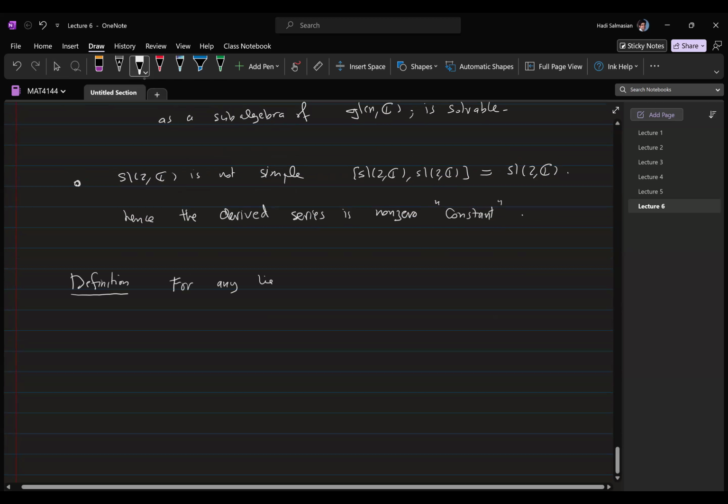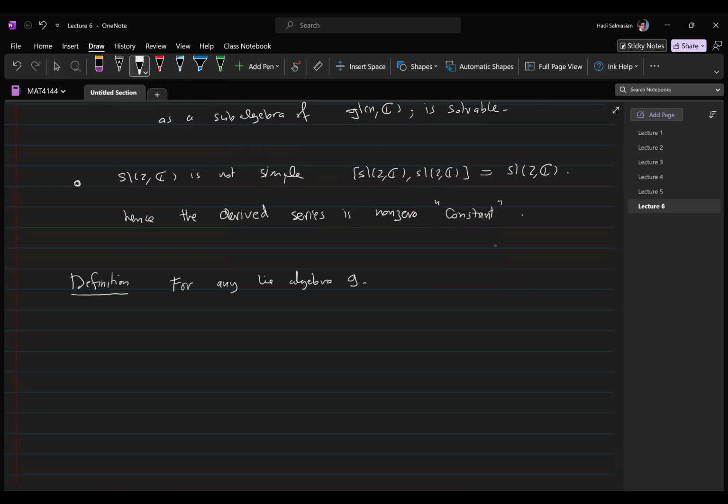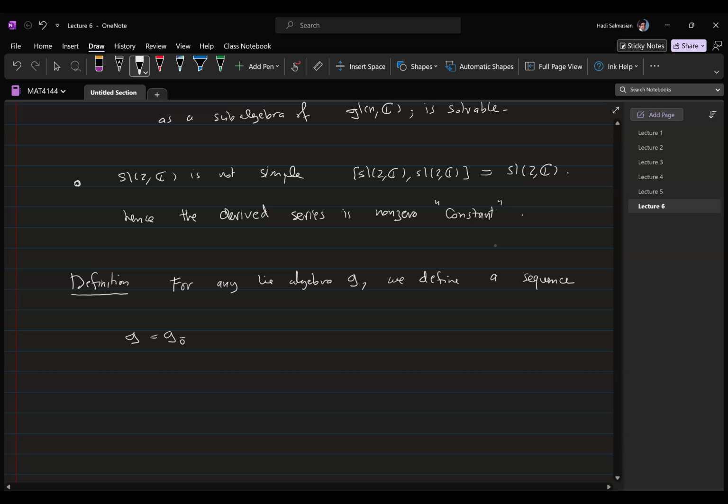For any Lie algebra G, this time we define something that is called a lower central series of G. So this is now a sequence of ideals starting from G.